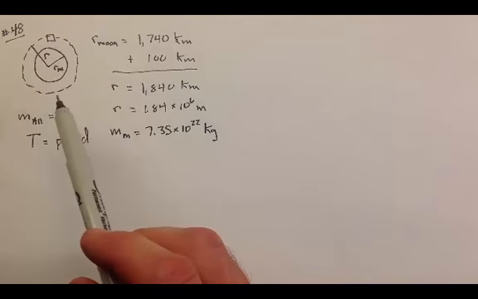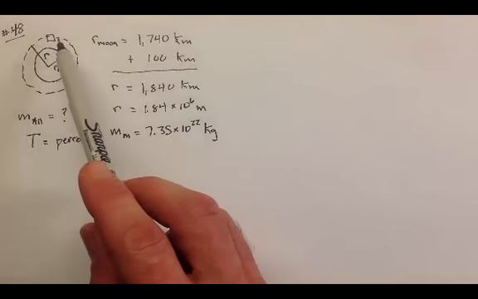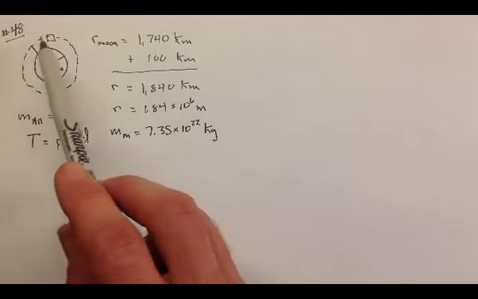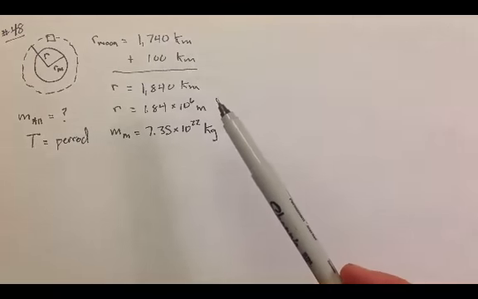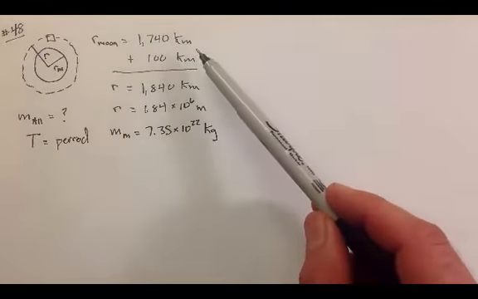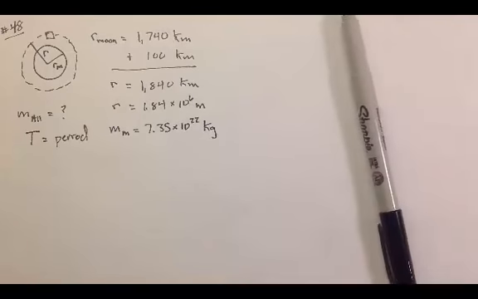Let's draw a little diagram here. We have the moon, and this would be the radius of the moon. Here's my little spacecraft going around the moon, Apollo 11. Now, if you look up in the front of your textbook, it will tell you the radius and mass of the moon.